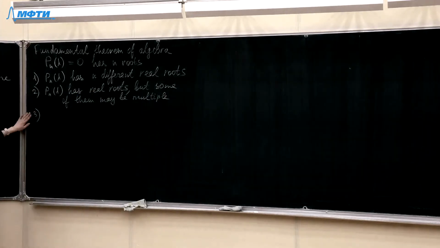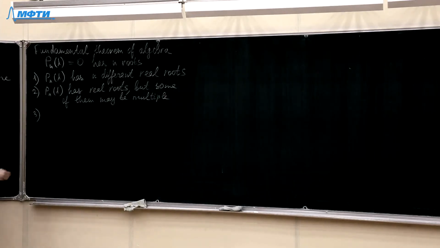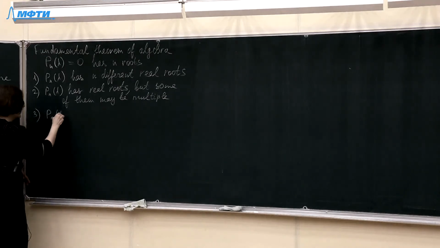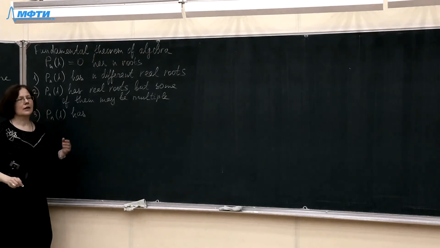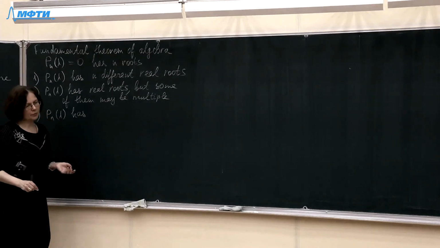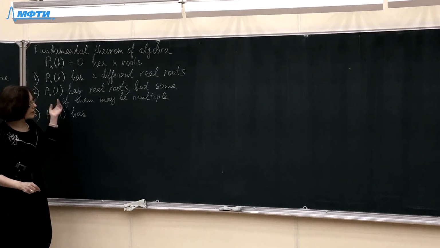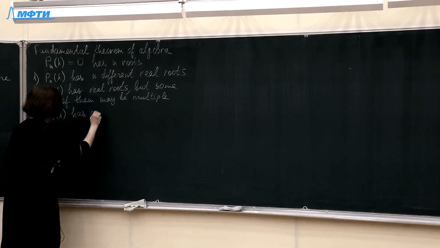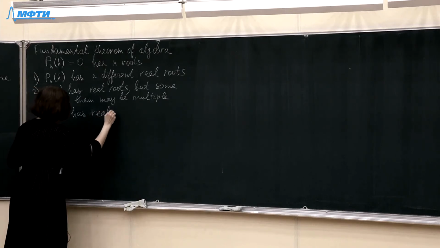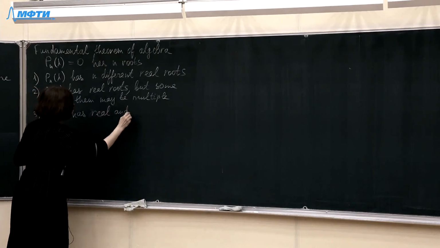And after all, we will consider the case when P_n of lambda has roots, some of which are real and some of which may be complex. So real and complex roots. The most general case.